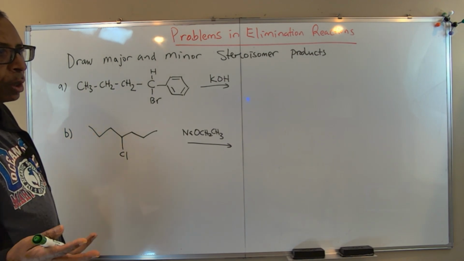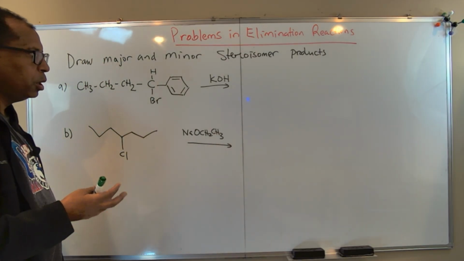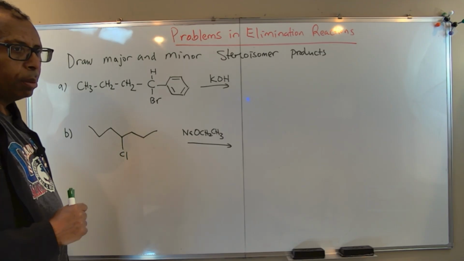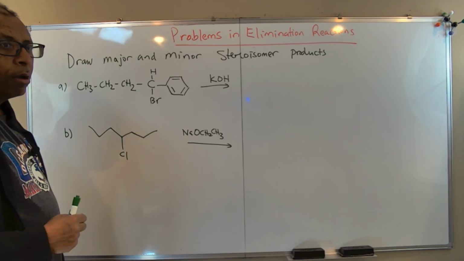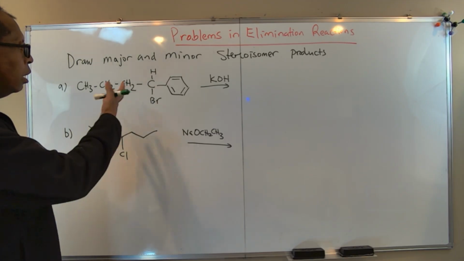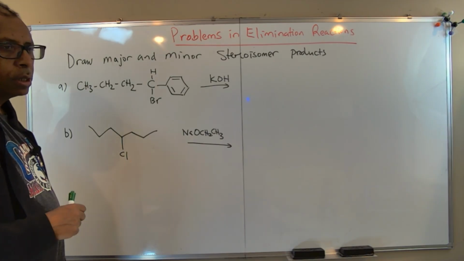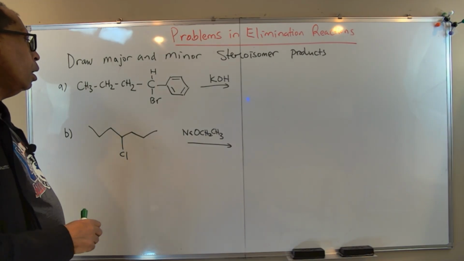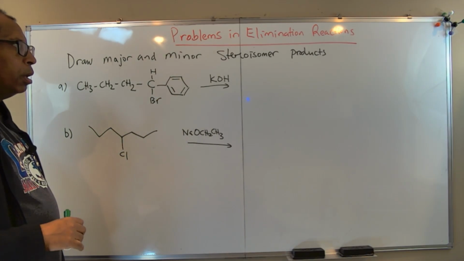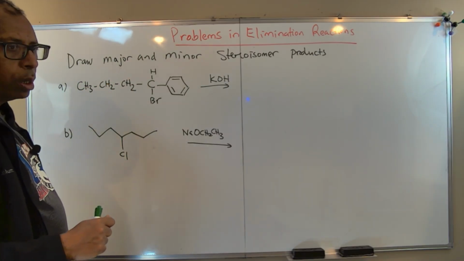So whenever we form an alkene as a result of elimination, when you form a double bond, there is a possibility of stereoisomerism. That is to say, during the elimination you can form a cis or trans compound. Okay, let's see. It's asking us to give obviously the major one.